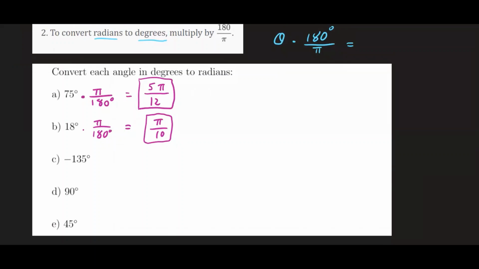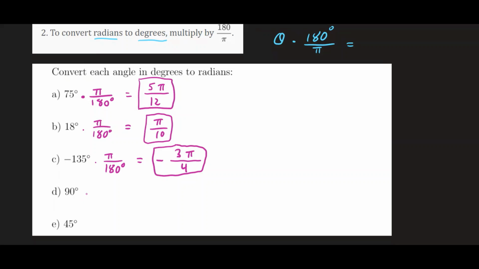Similarly, for negative 135 degrees, we'll do the same thing, multiply by its converting factor, pi over 180 degrees, and we simplify. So this will give us negative, on top we have a 3, and on the bottom we have a 4 when we simplify 135 over 180, and we still have a pi next to it. So that would be the measure for negative 135 degrees.